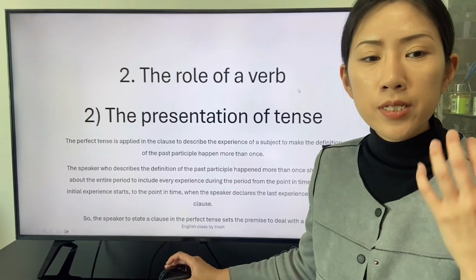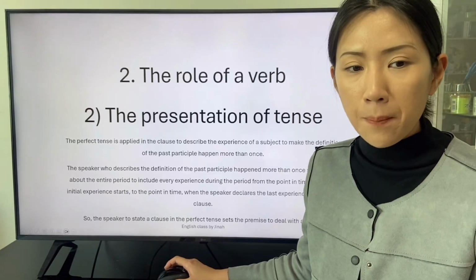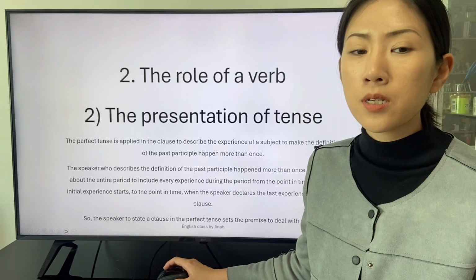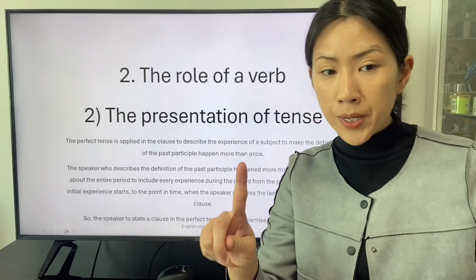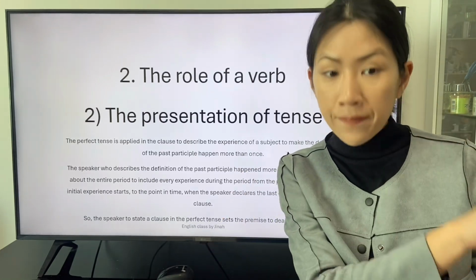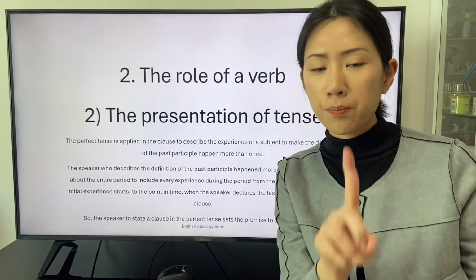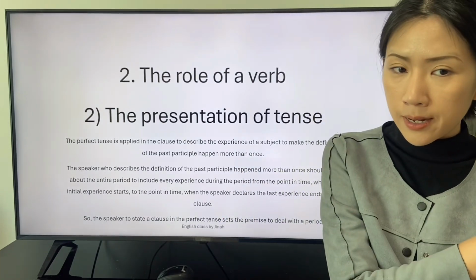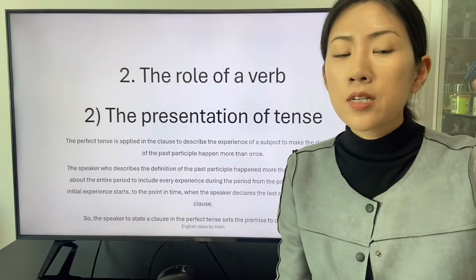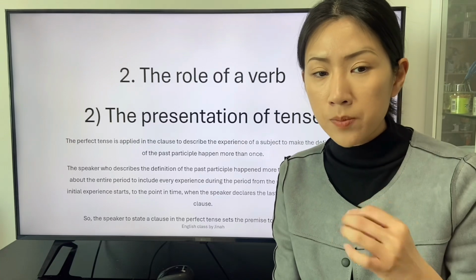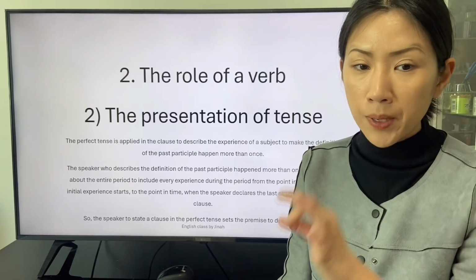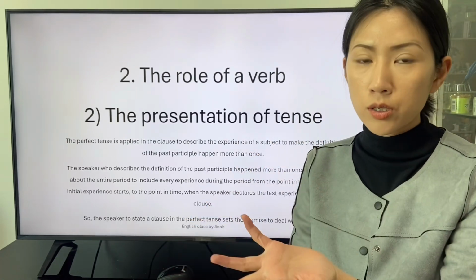The speaker who describes the definition of the past participle happened more than once should state the entire period to include every experience during the period from the point in time when the initial experience starts to the point in time when the speaker declares the last experience ends in the clause.